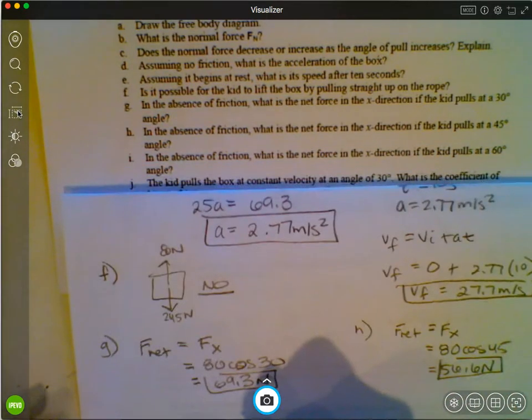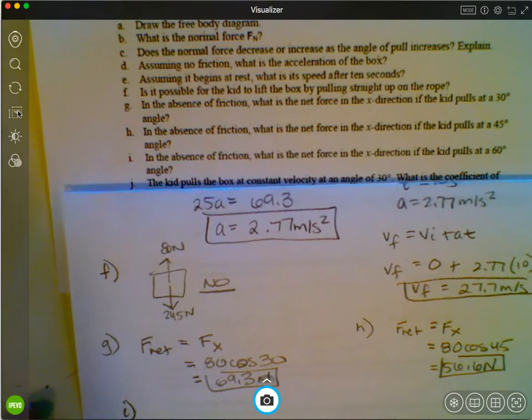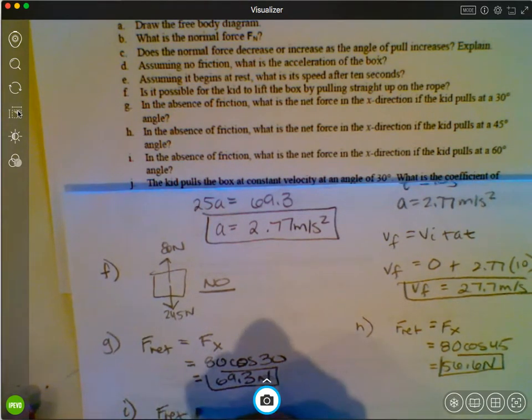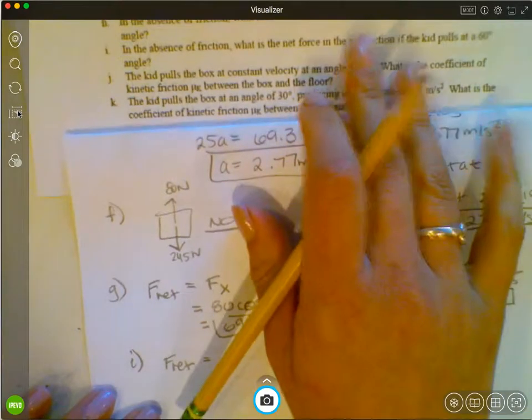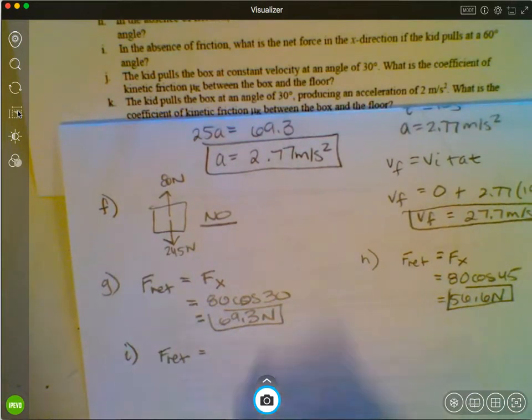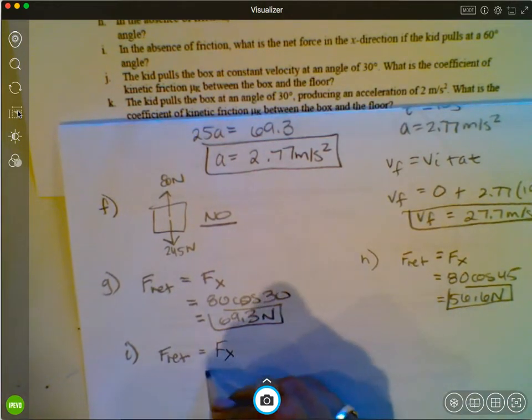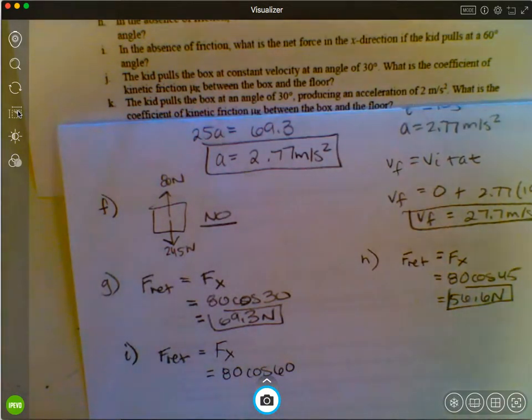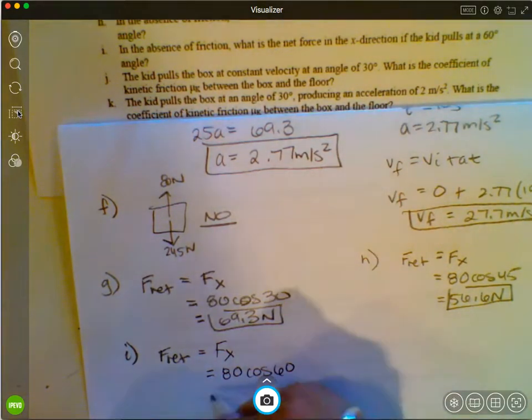And then I says, in the absence of friction, what is the net force if the kid pulls at 60? So this is a little repetitive here. But I think what they're doing is getting to the idea of what happens to the net force as the angle changes.